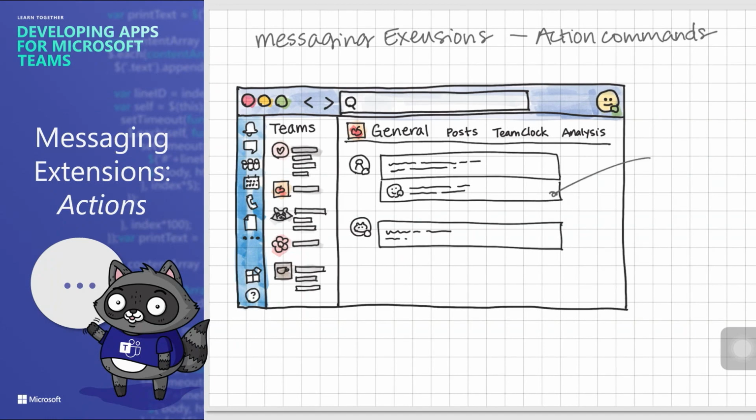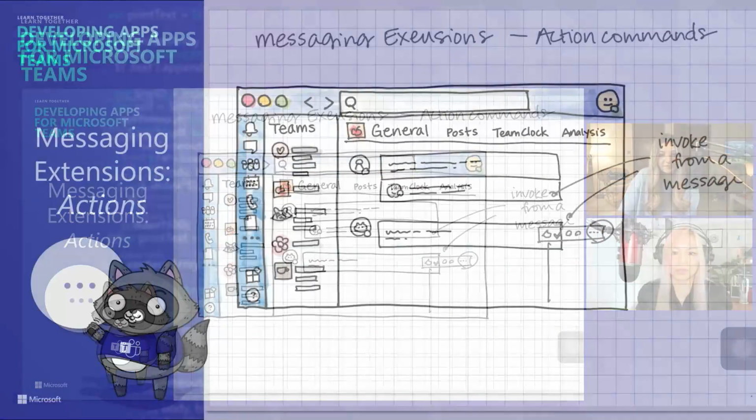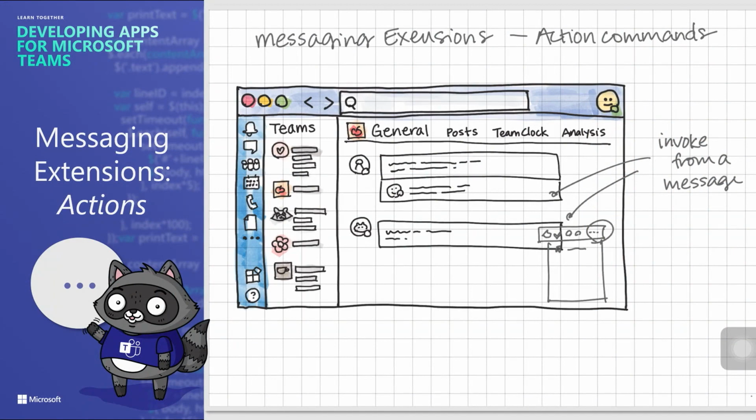So this command is invoked by a user from any one of these messages. Now, when a user hovers over a message, I get the little menu with emoji and all those things. So click the last one, that gives you a drop-down menu. Then click more actions right there.